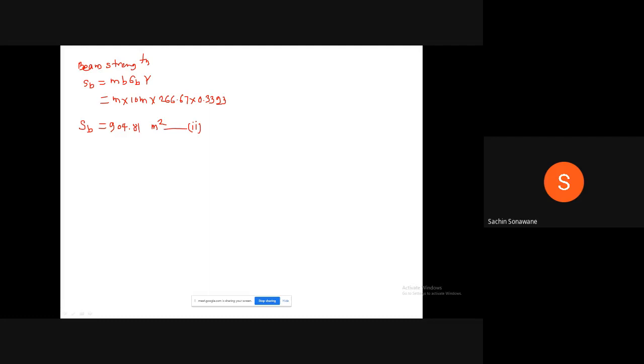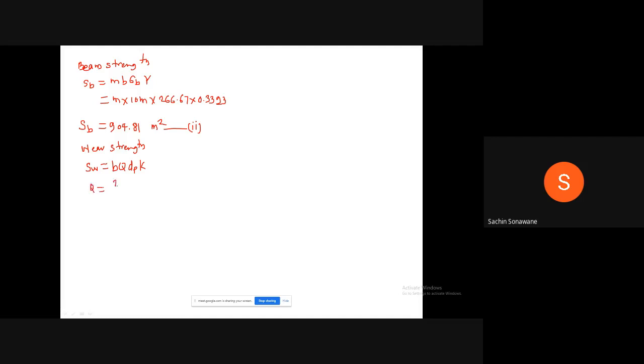Now, since they have given us the BHN value, Brinell hardness number, therefore we'll calculate wear strength. First of all, we'll write down the formula for wear strength. SW is equal to BQ dpk. Therefore, calculate the values of Q and K.